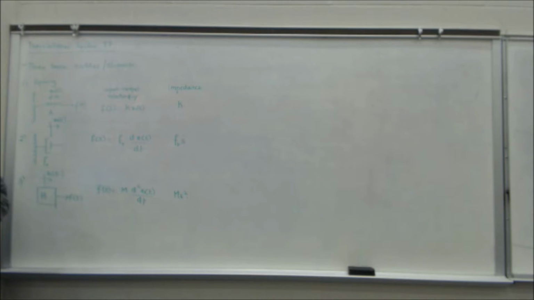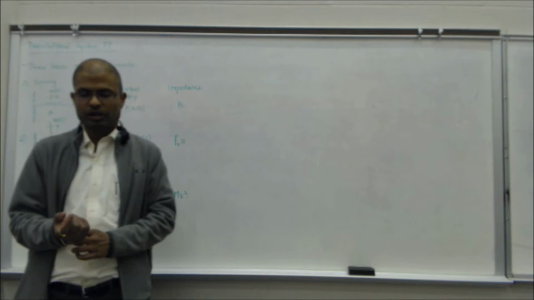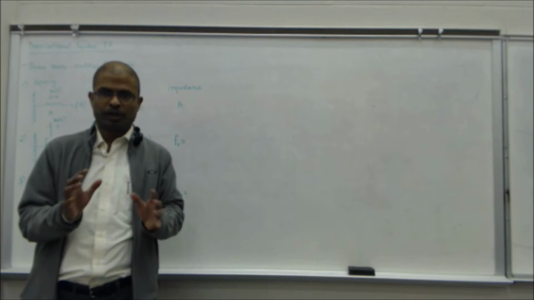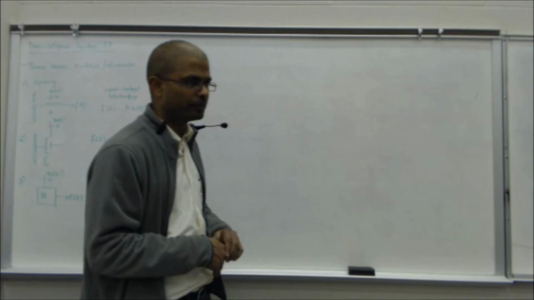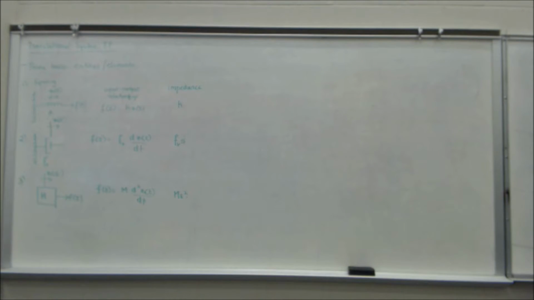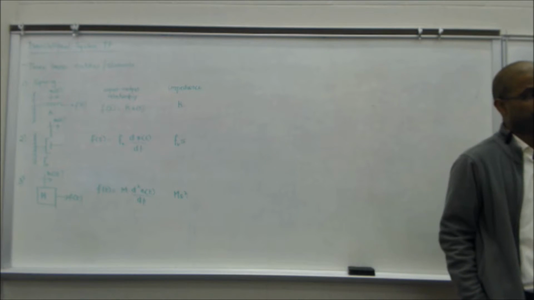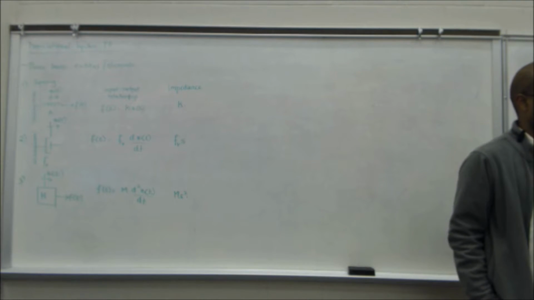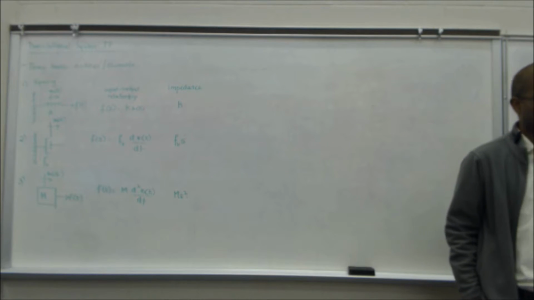So the output is not really predefined. It doesn't have to be predefined, okay? For example, you might be interested in velocity, and one of your colleagues might be interested in position or just the displacement, or somebody might be interested in acceleration.